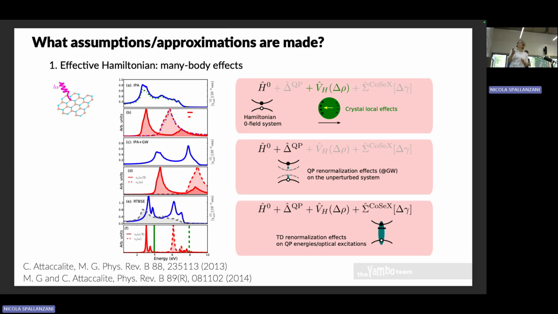Sorry, I don't have the expression here, but it has the screened exchange, and then it evolves in time because it depends on the density matrix. So the density matrix changes in time, and that's how it evolves.